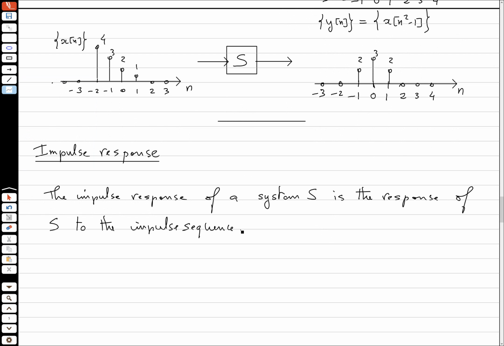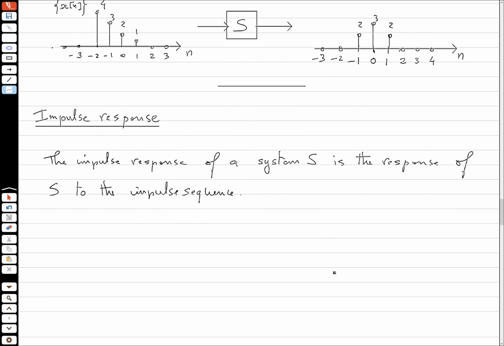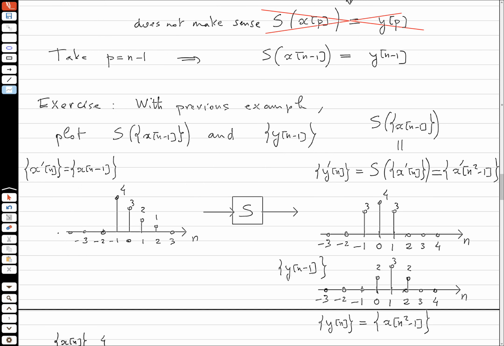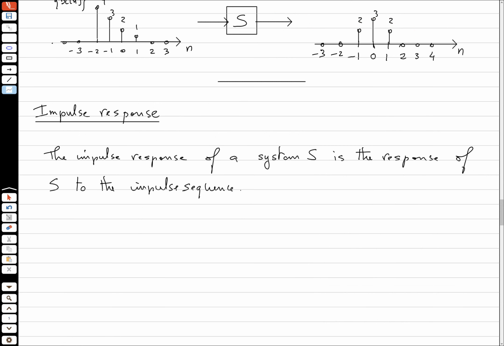Did you understand the definitions? Did you understand? No. Remember what that means? Okay, you didn't understand because the impulse sequence is delta of n.